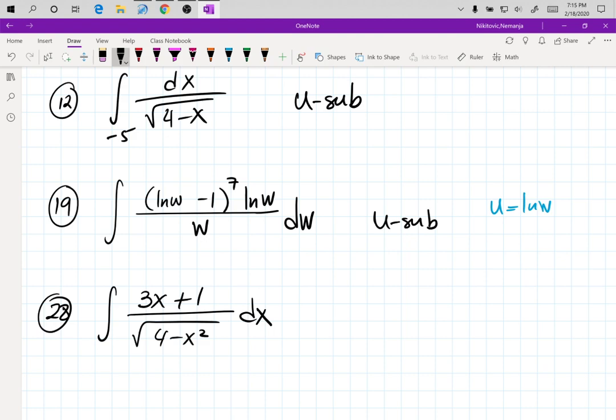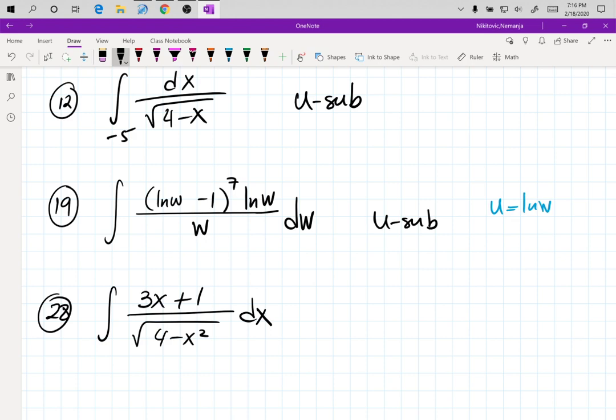We cannot do u sub here, right? Because the derivative is negative 2x and you have positive 3x plus 1. So we eliminated basic integrals and we eliminated u sub instantly. Well, what's left? Algebra, right?